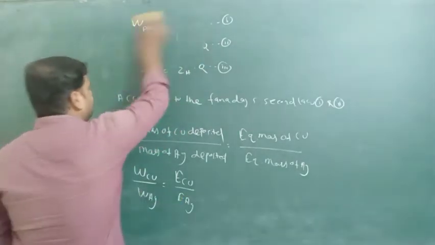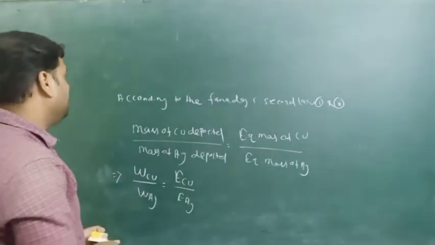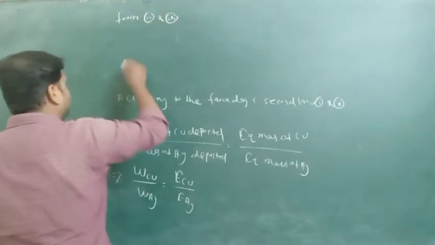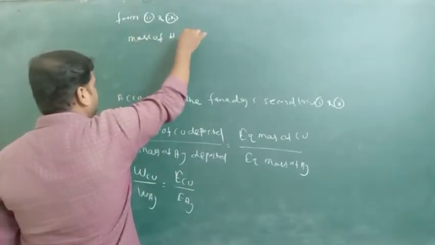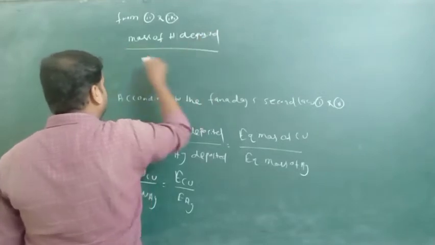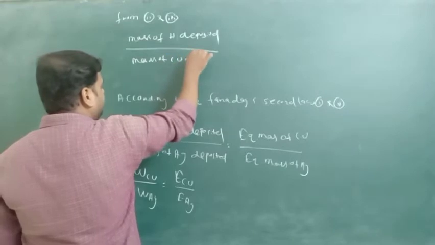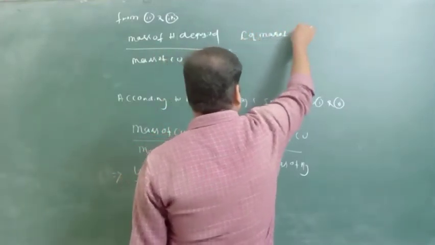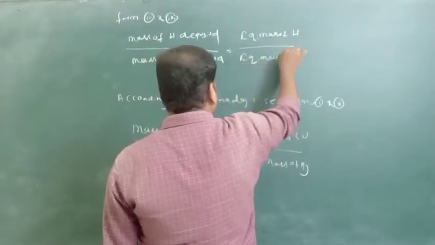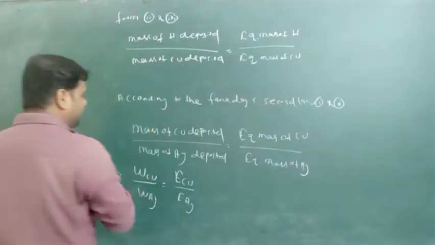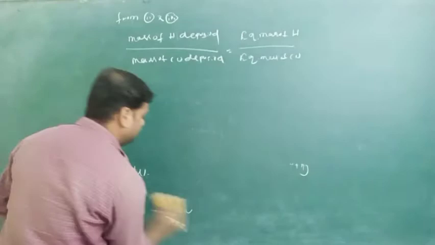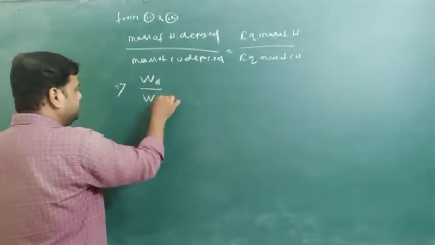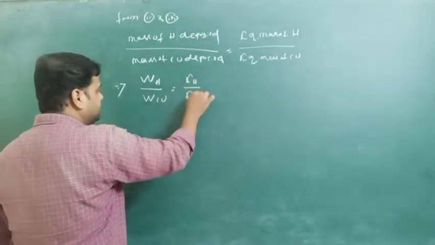So according to the second law, from equations 2 and 3, the mass of hydrogen deposited divided by the mass of copper deposited equals the equivalent mass of hydrogen and the equivalent mass of copper. So we get W_H by W_Cu equals E_H by E_Cu.